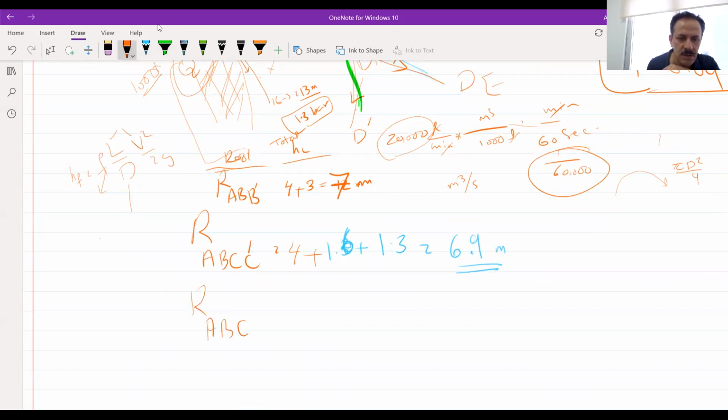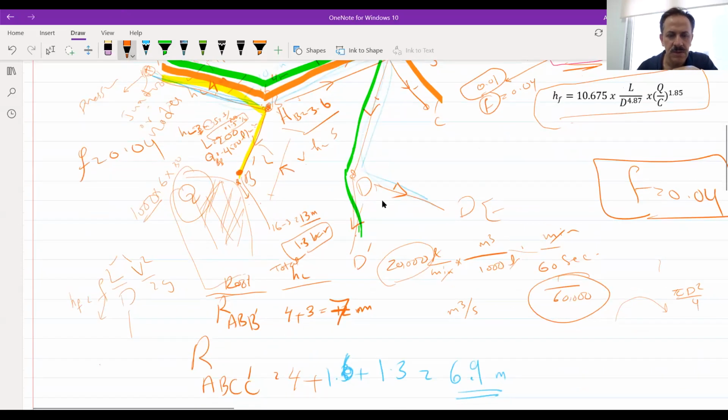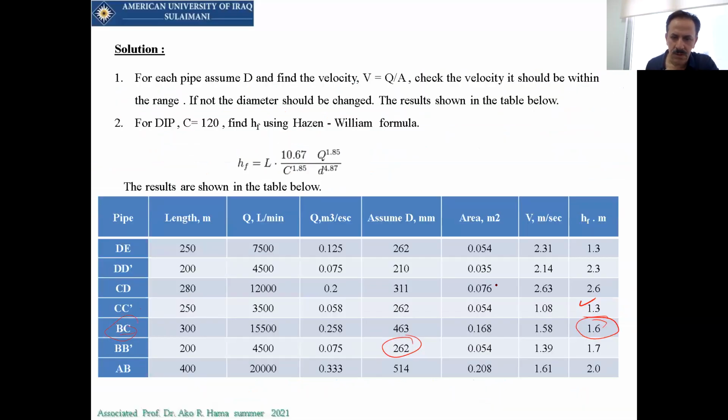Also you have to calculate AB 1.6 plus BC 1.6. And we have from C to D 2.6, and from D to D bar 2.3, 2.6 and 2.3.